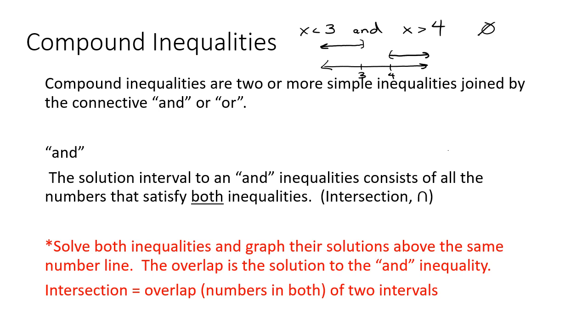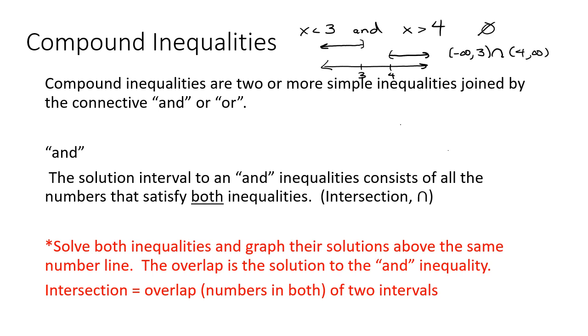Now, this is going to come up a little bit later on in the course, so it's important to note that we have a name for this operation. Anytime you're looking for where two intervals overlap with each other, that is called an intersection of the two intervals. And the symbol we use for that looks kind of like an upside down capital U. And an intersection by definition is where the intervals overlap with one another.